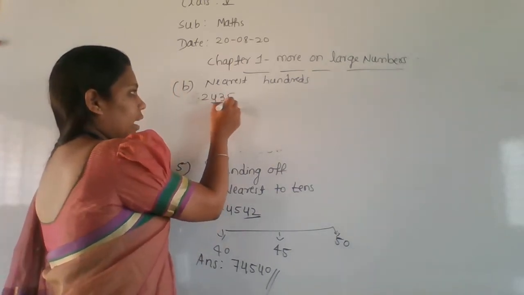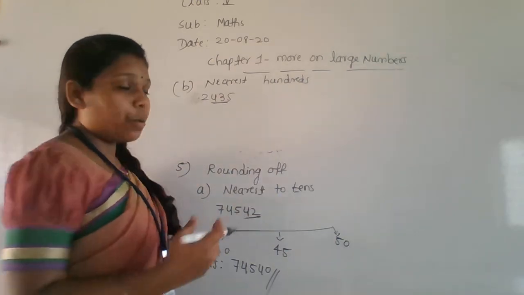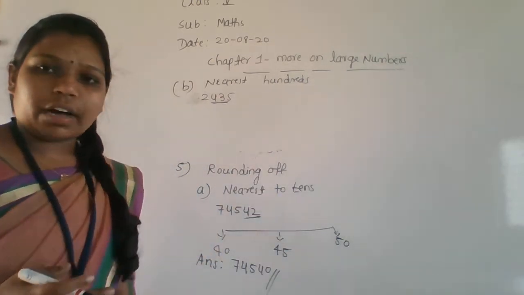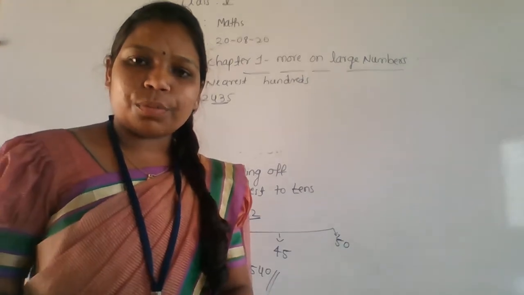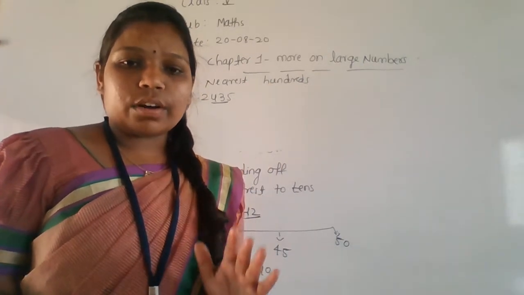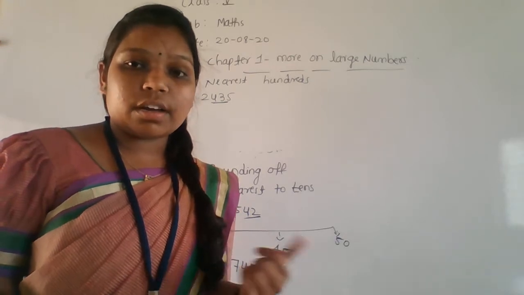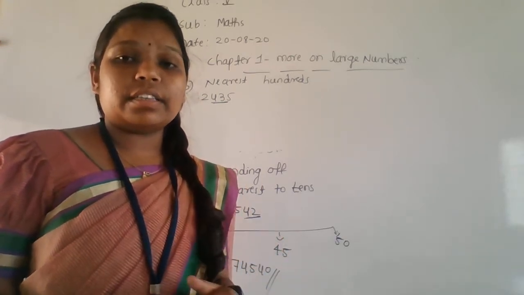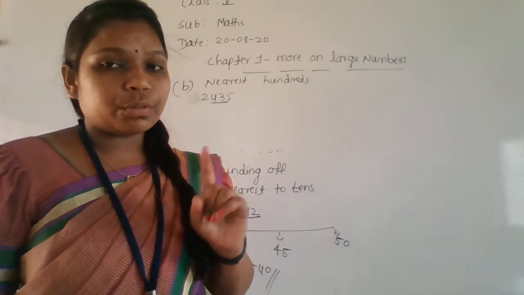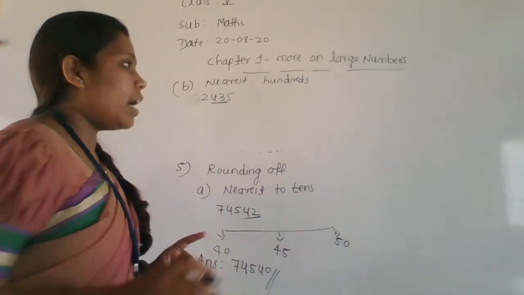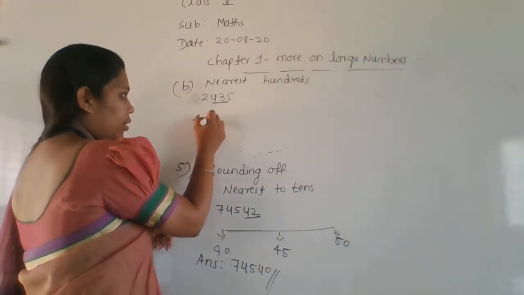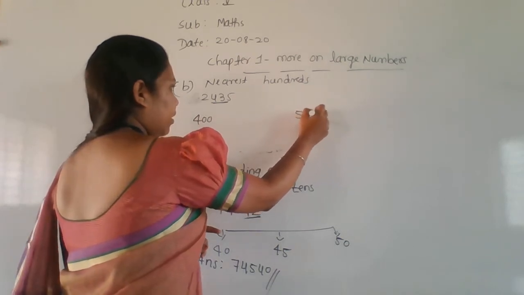Okay, just mark like this, then it will be easy for you. And 435 lies between which values? Think yourself. 435 is one number and it lies between which numbers? It lies between 400 and 500, right? So write here first 400 to 500.